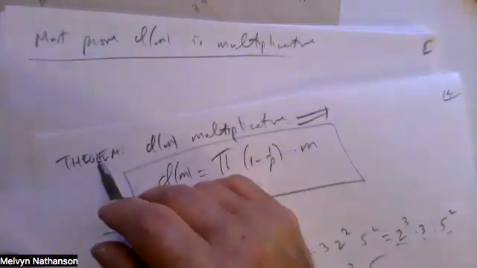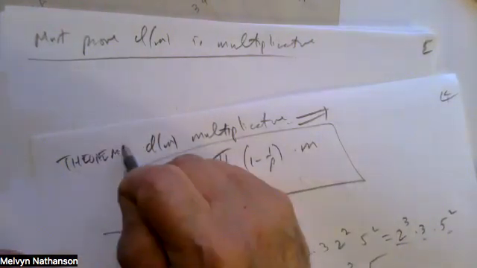I should say that this result in the text is theorem 2.7. And the tool for proving theorem 2.7 is what is in the text, theorem 2.6.